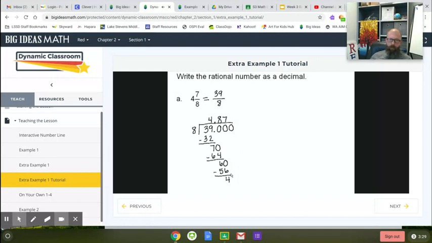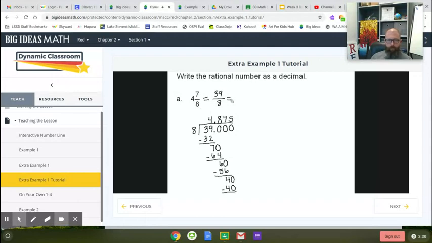So 5 times 8 is 40. And 40 minus 40 is 0. So 4 and 7/8 is equal to 4 and 875 thousandths.